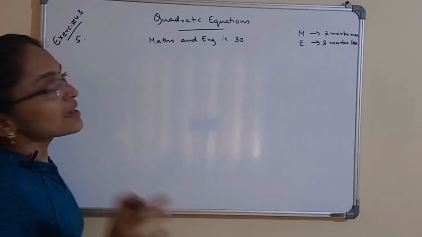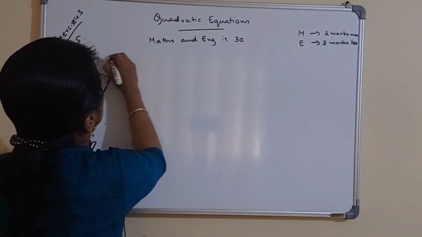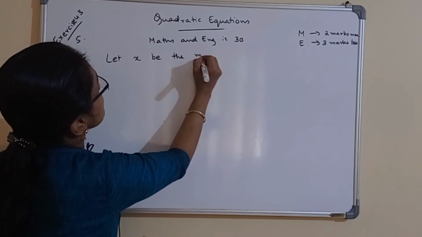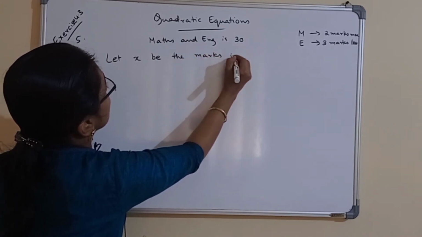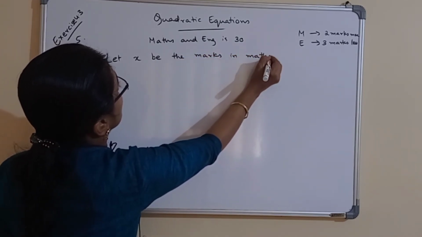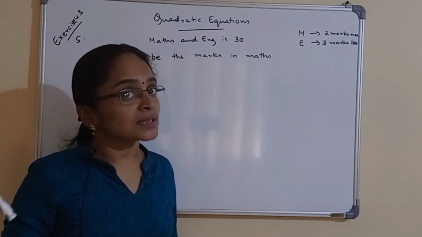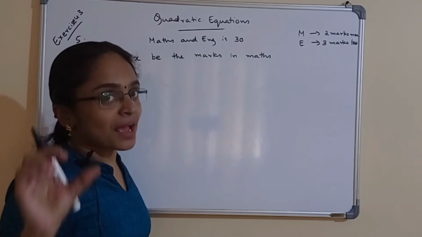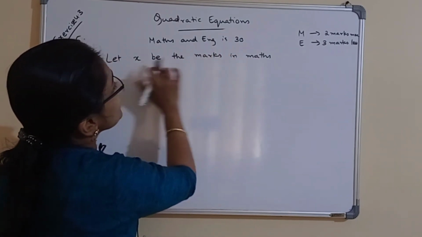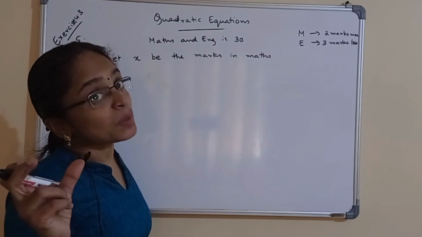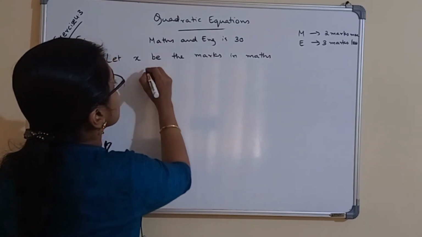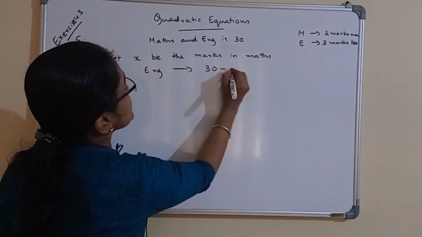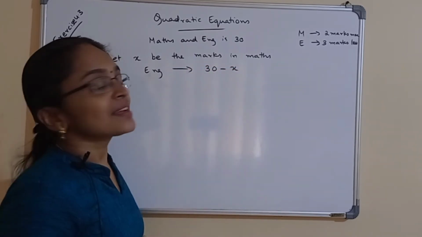So, first let x be the marks in maths. The sum of her marks in maths and English is 30 and x is the marks in maths, so in English her marks will be 30 minus x, right?